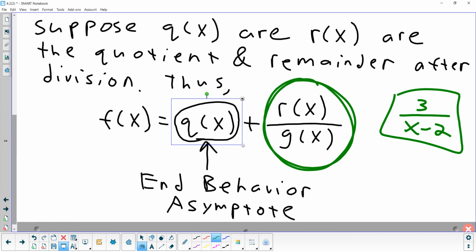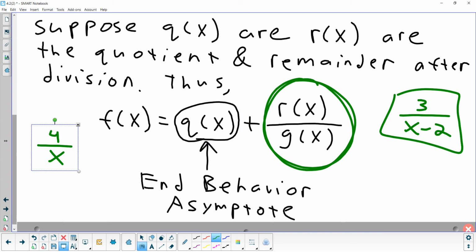Now, the behavior can get a little bit more complicated than just a horizontal asymptote, and that's what we're going to look at. So we've looked at 2 cases. If you have the case where the degree in the top is smaller than the degree in the bottom, you could end up with something like 4 over x. That's an example of an EBM from last night's homework. In that case, you had a horizontal asymptote at 0.